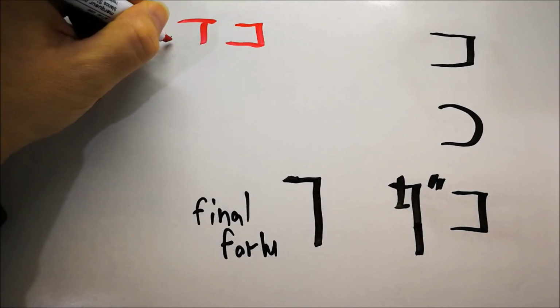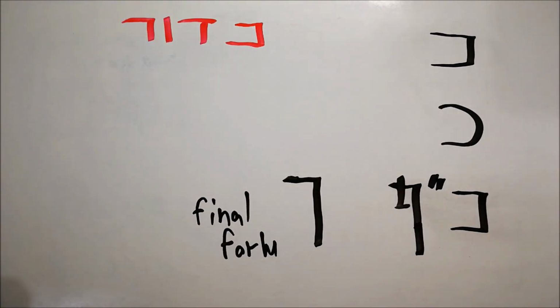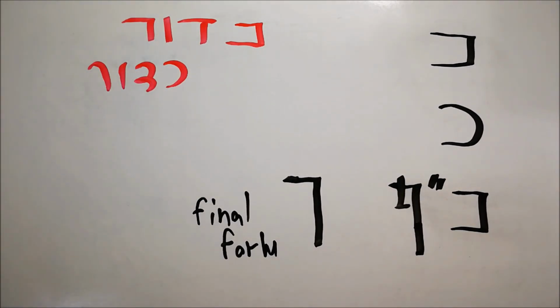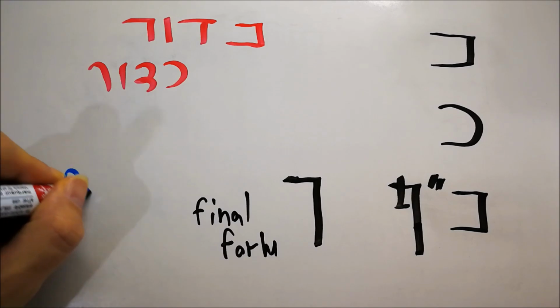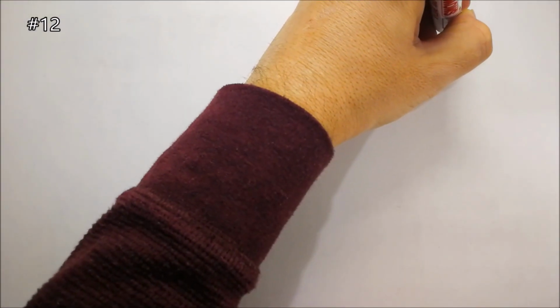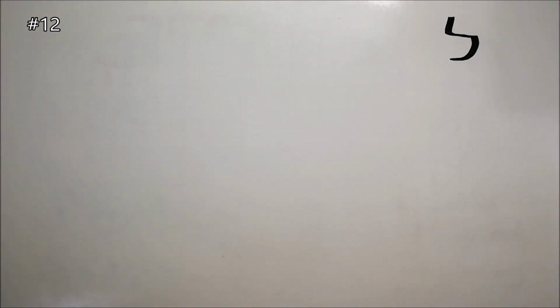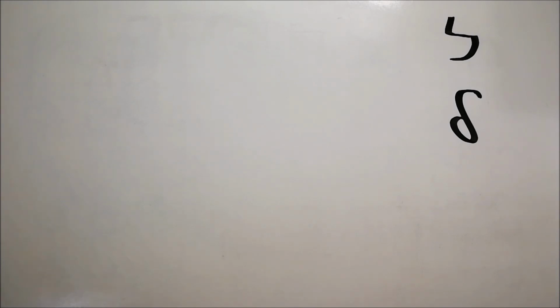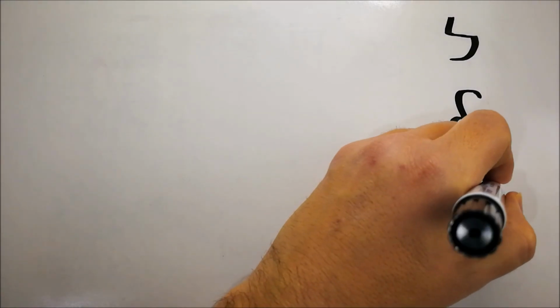A word example for the letter Kaf is kadur. Kadur means ball in English. The next letter is Lamed. This is how you write Lamed in print and handwriting.